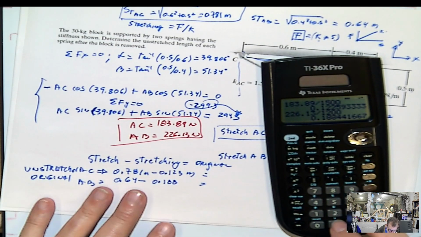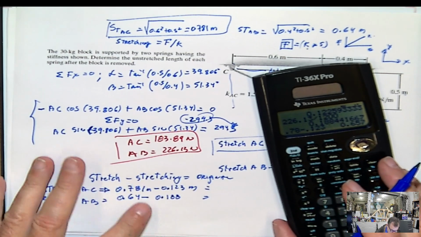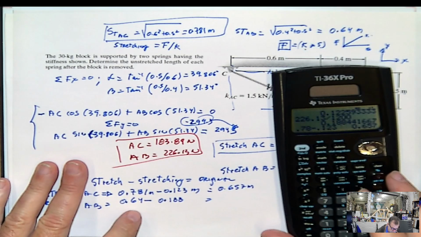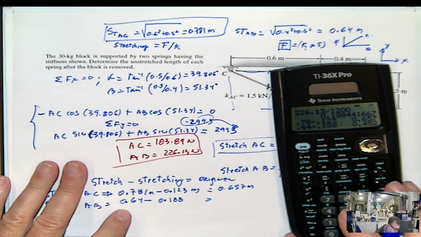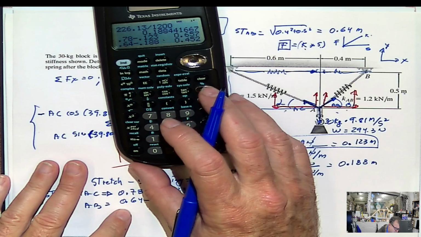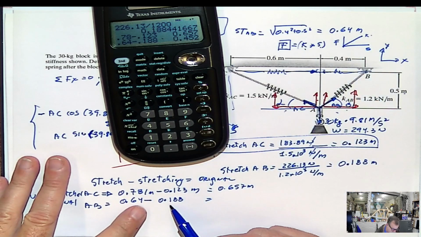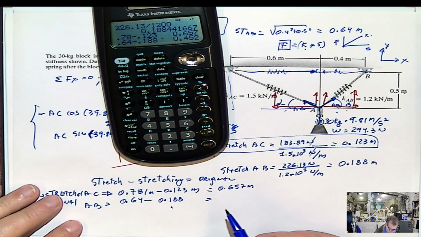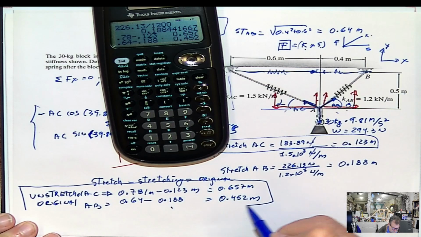So this is 0.78 minus 0.123. That will be 0.657 meters, and for AB, 0.64 minus 0.188, and that will be 0.452 meters. So this is what the problem is asking you to do.